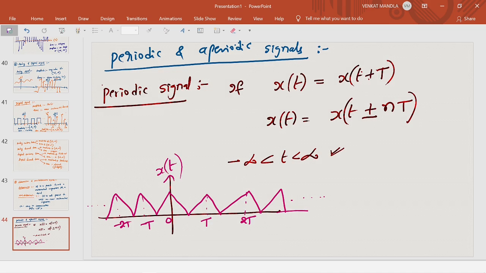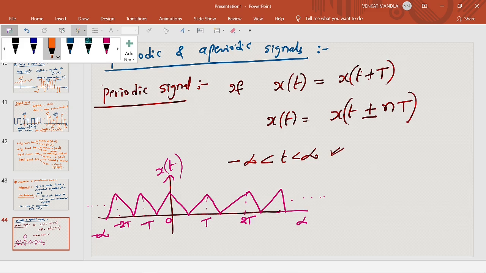This is x of t. So this is repeating with the period capital T, and the signal exists from minus infinity to plus infinity.